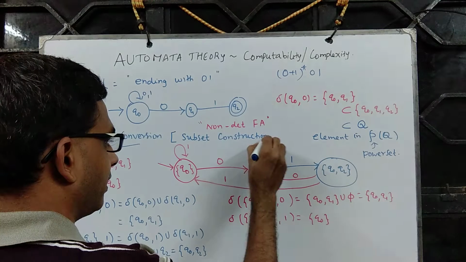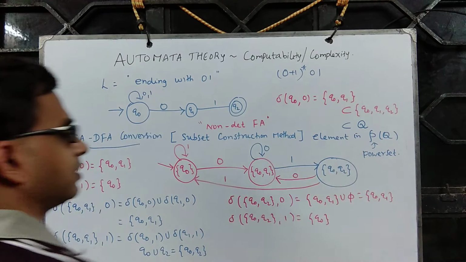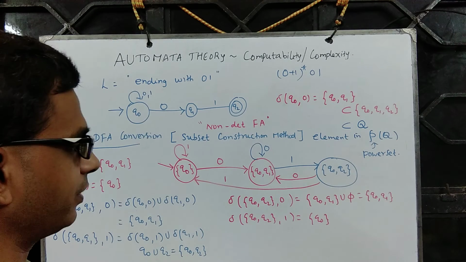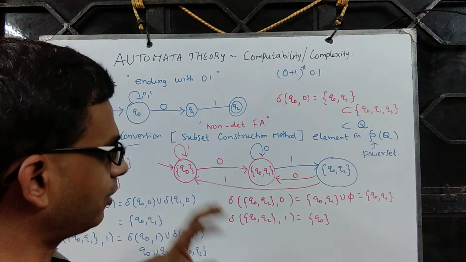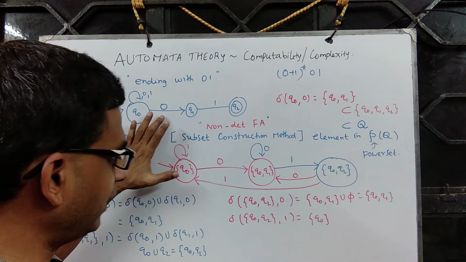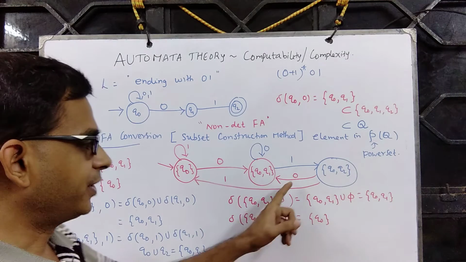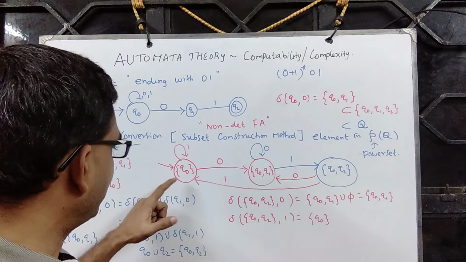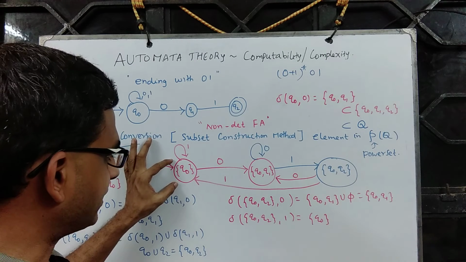By generating subsets of this set {q0, q1, q2}, we find another automaton which is equivalent to this. Most importantly, the automaton is deterministic in nature. Look at this. On reading 1, we go to exactly one state.